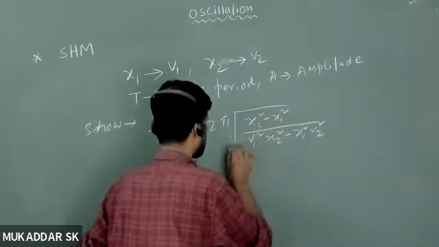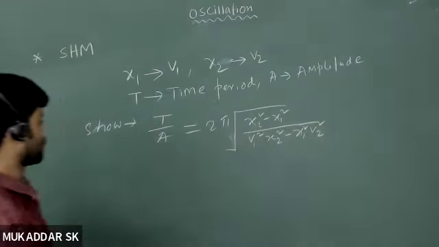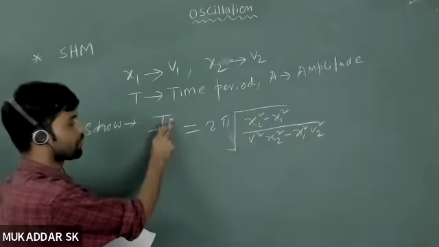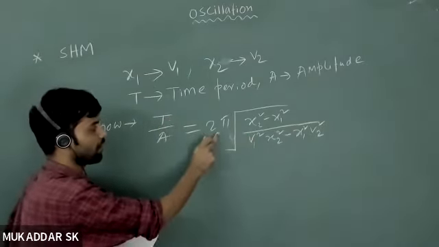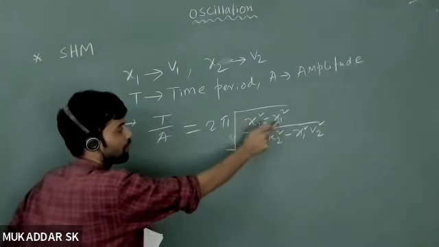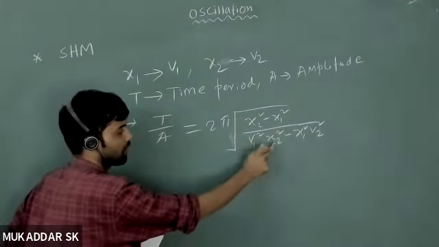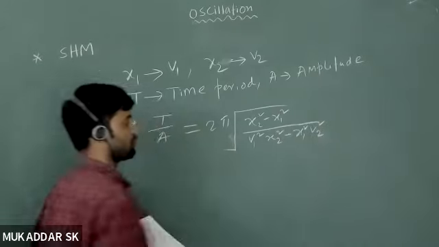Sorry, you have to prove that the ratio of time period and amplitude will be 2 pi under root x2 square minus x1 square divided by v1 square x2 square minus x1 square v2 square.